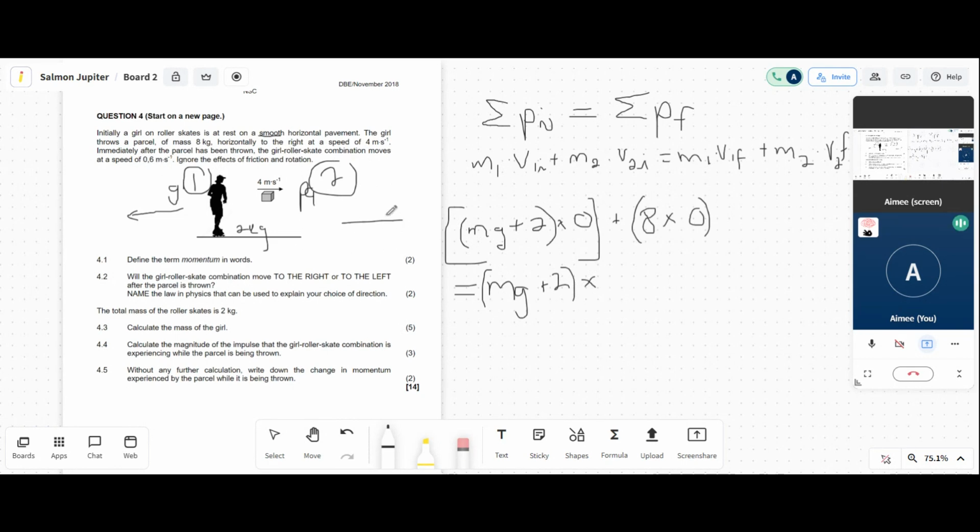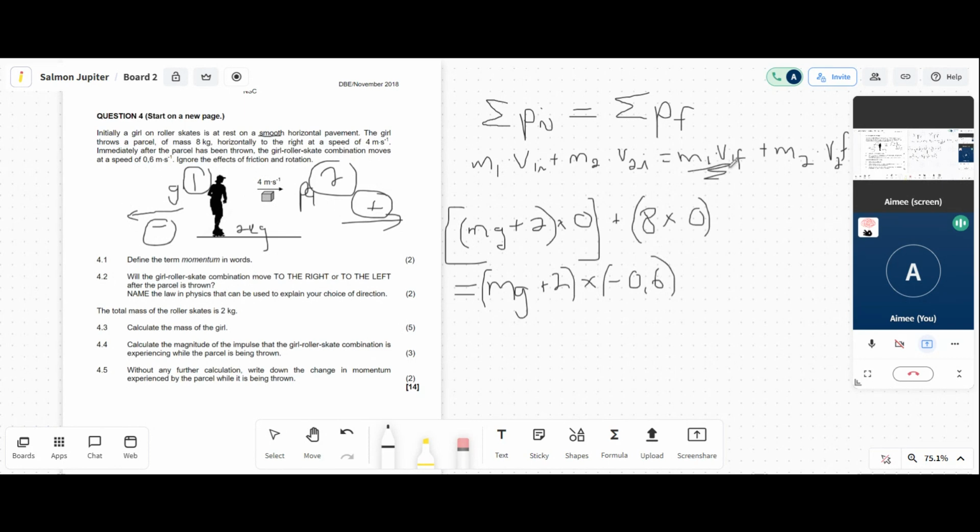The original direction of motion described is to the right, so we'll take to the right as positive and to the left as negative. It's very important that you stipulate which direction you're taking as positive in all of your questions. So we multiply by negative 0.6 meters per second, because she was traveling to the left, in the negative direction.